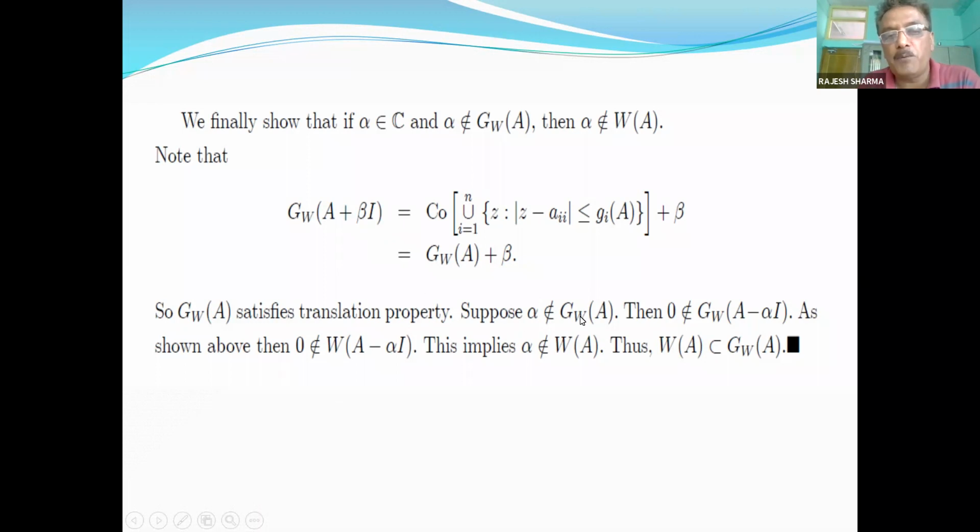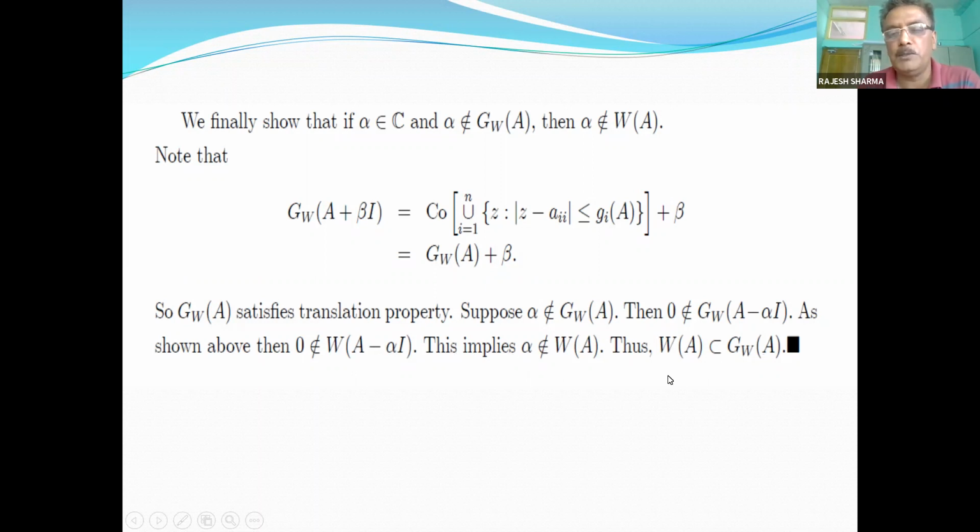Now suppose alpha does not belong to GW(A). Then by this translation property, 0 does not belong to GW of A minus alpha. Then as shown above, 0 does not belong to the numerical range of A minus alpha I. This implies alpha does not belong to the numerical range of A. Hence, we conclude that the numerical range of A is contained in GW(A).